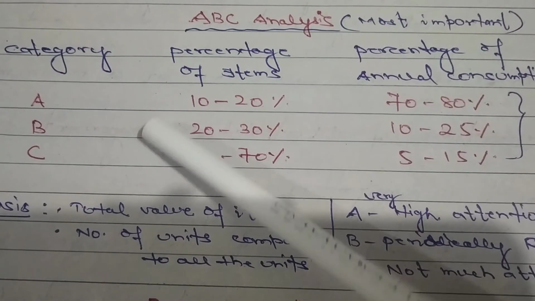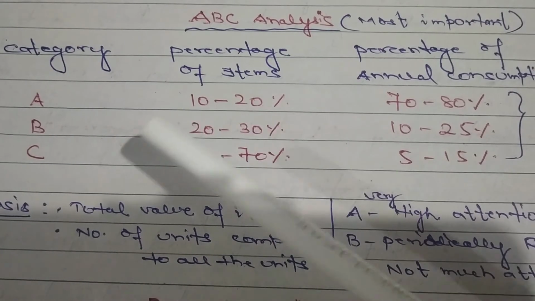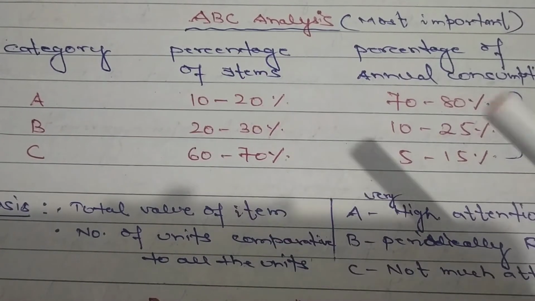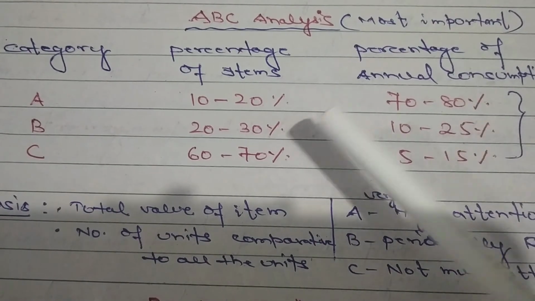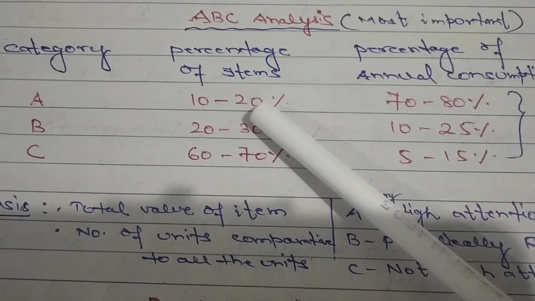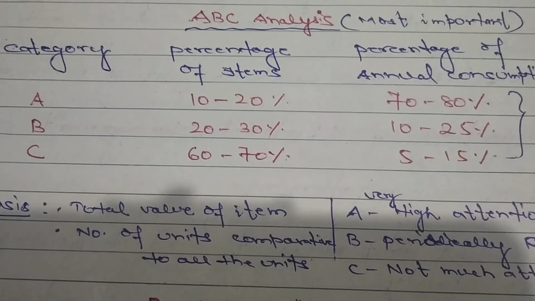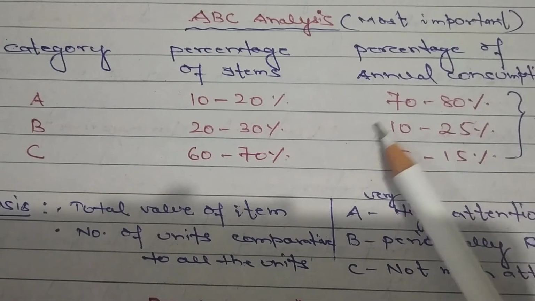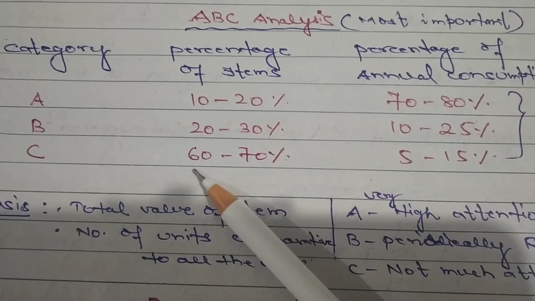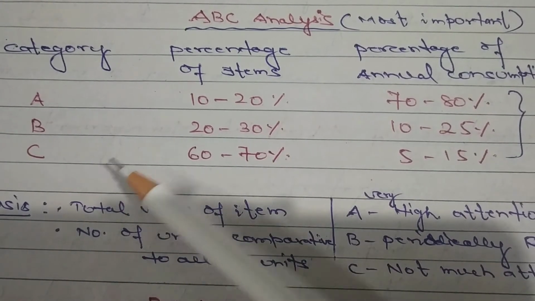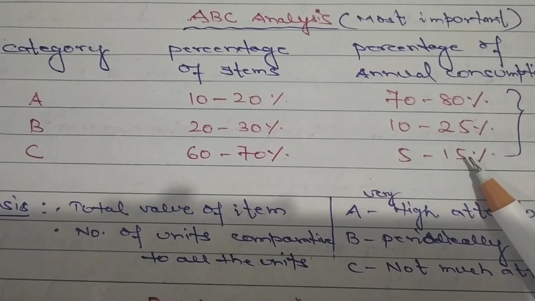They usually follow this table: 10 to 20% of the items fall in A category, which cost almost 70 to 80% of the total inventory. 20 to 30% of the items fall in B category, which cost almost 10 to 25%. 60 to 70% of the items fall in C category, which cost almost 5 to 15%.